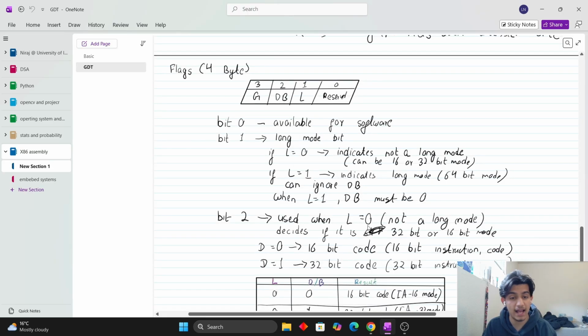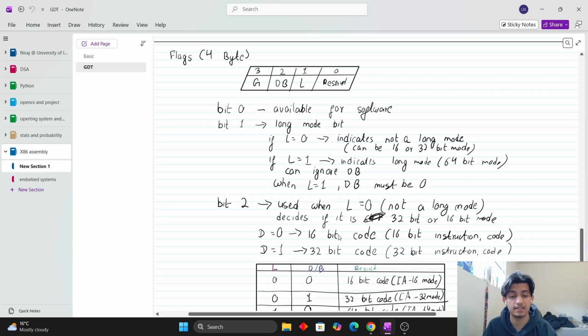If L equals 0, it is not long mode, so we need to understand whether it is 32-bit or 16-bit mode. If D equals 0, it is 16-bit code, meaning 16-bit instructions and 16-bit offsets. And if D equals 1, we have 32-bit code, with 32-bit instructions and 32-bit offsets.